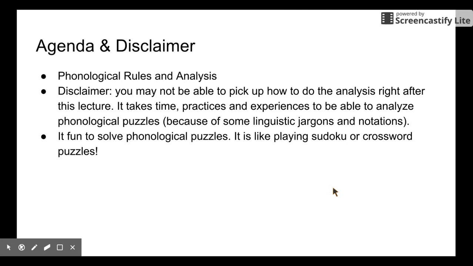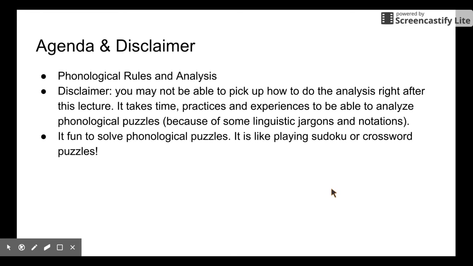And this disclaimer is that actually this is a complicated skill. You may not be able to pick up how to do the analysis right after this lecture because it takes time, practice, and experiences to be able to do the analysis.